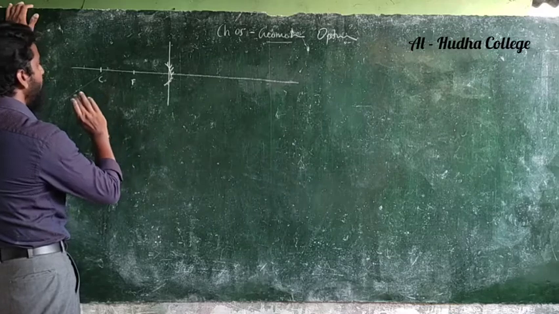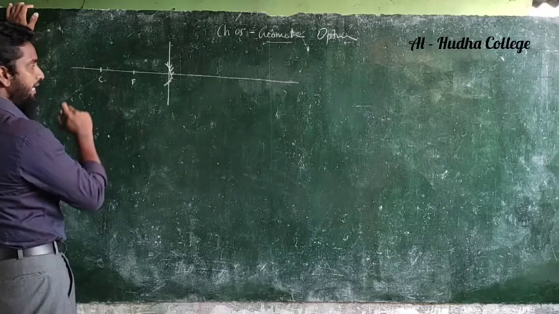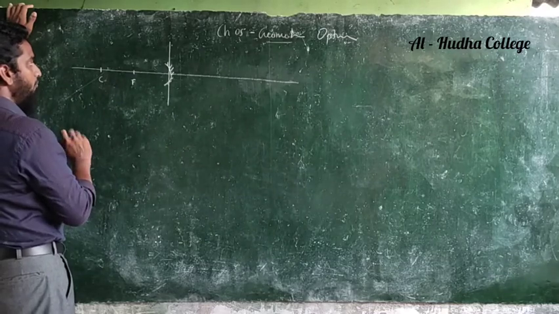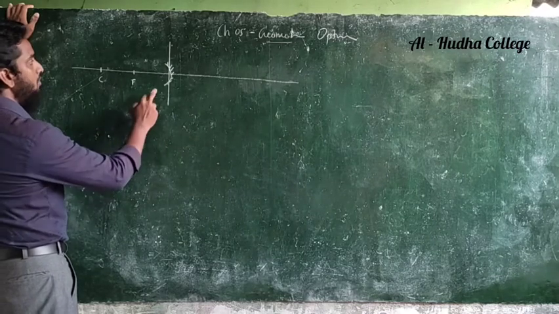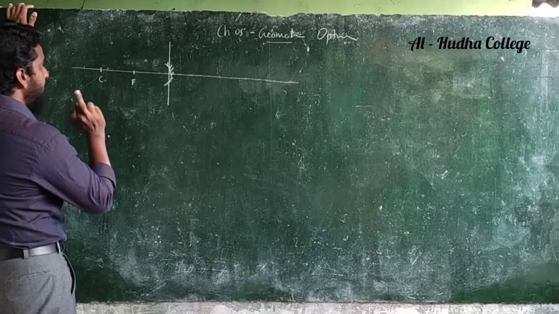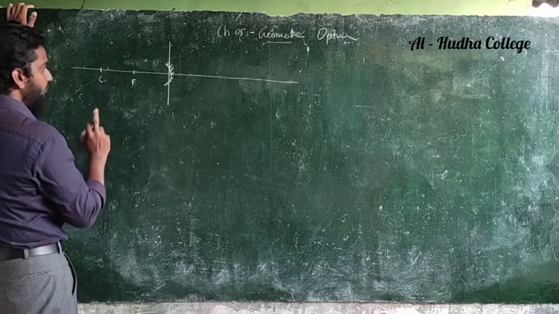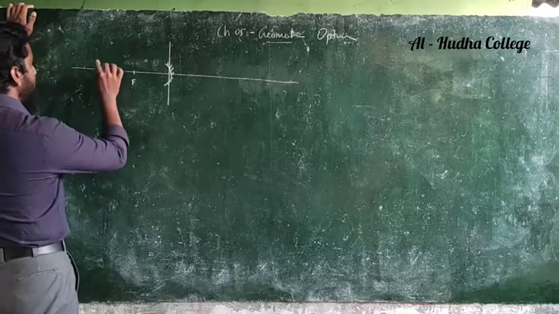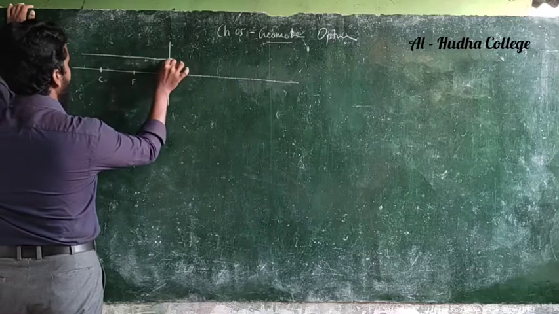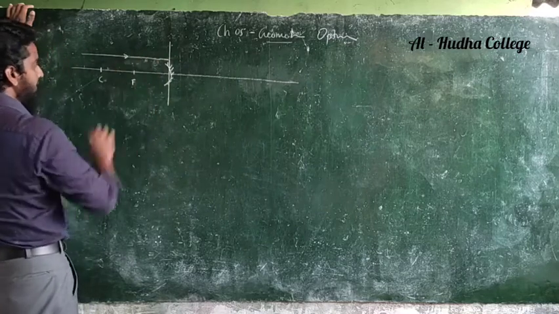Now I am going to show you some basic ray diagrams that you should know before you draw ray diagrams for a concave mirror. The first basic concept that you should know is the ray which is coming parallel to the principal axis.